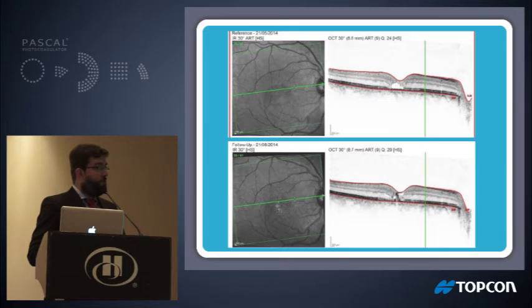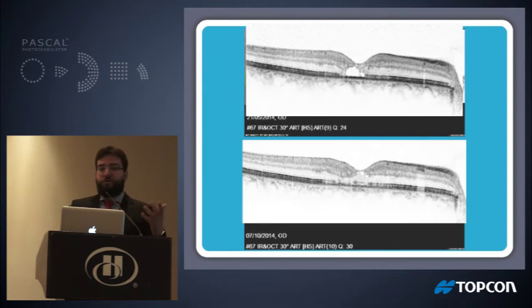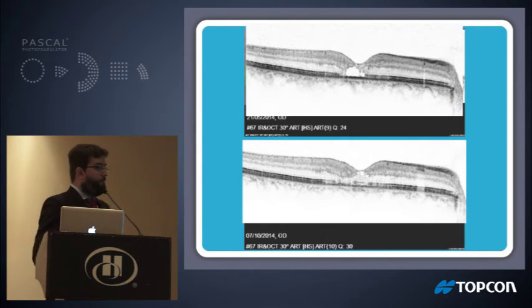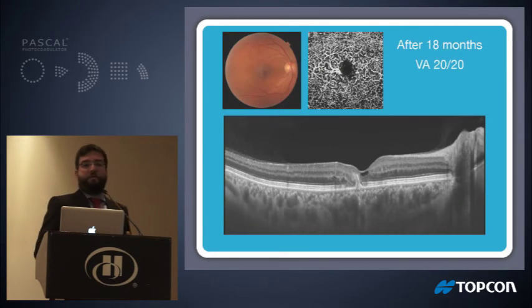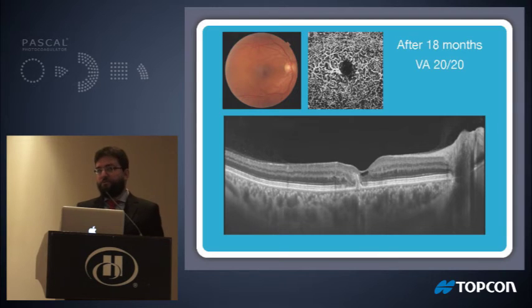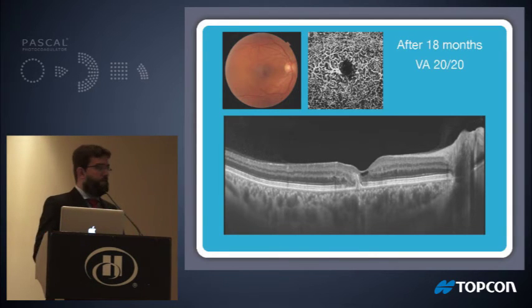And interestingly, this is May 2014, and this is October. After this period, there was restoration of photoreceptors in this area after the laser. This is after 5 months. And now after 18 months and 2 treatments, I retreated him twice.